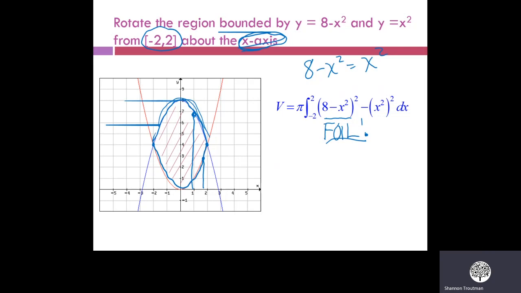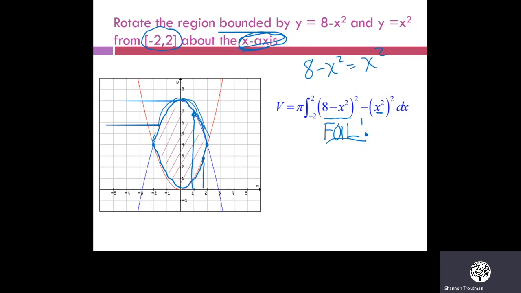It's a binomial squared, so make sure you FOIL it. And if this was something else besides an x squared, again, the whole function squared is subtracted. So if these two were switched, make sure that after you FOIL it out, you distribute your negative through the parentheses. Those are just basic algebra skills.